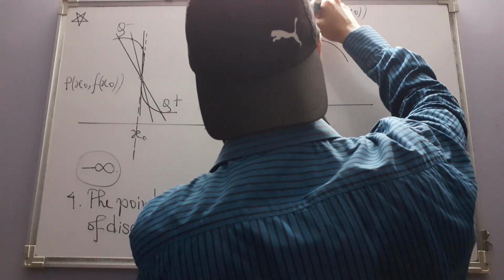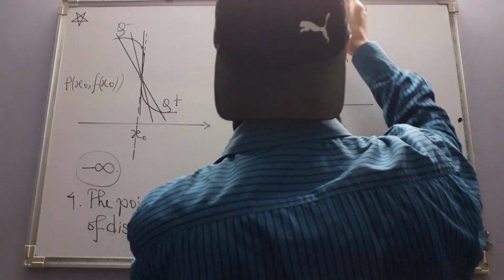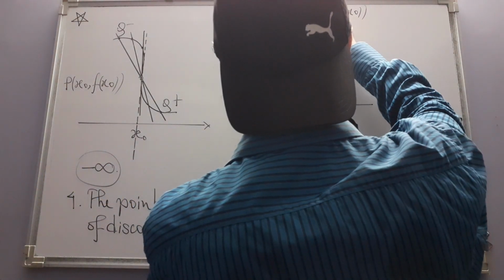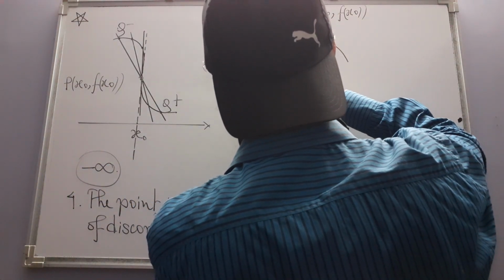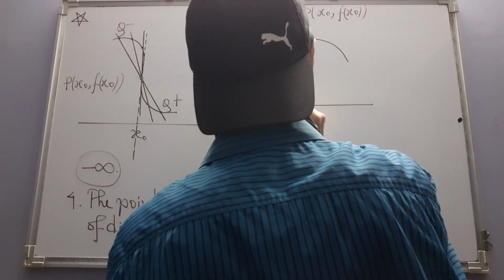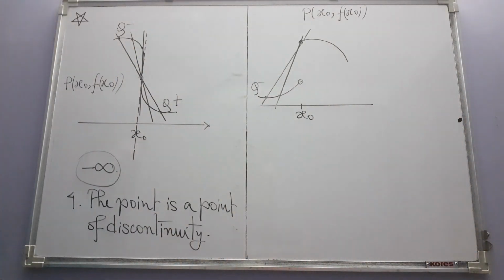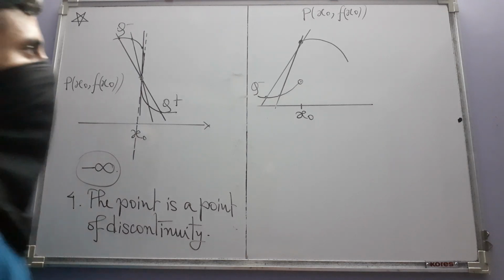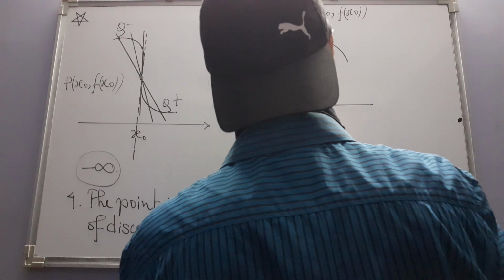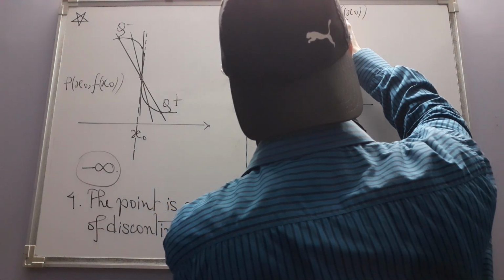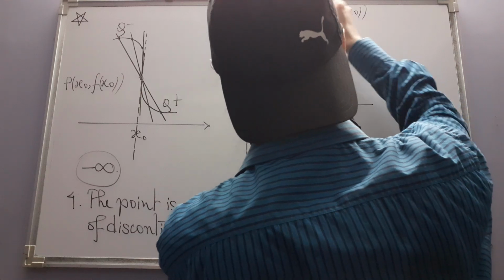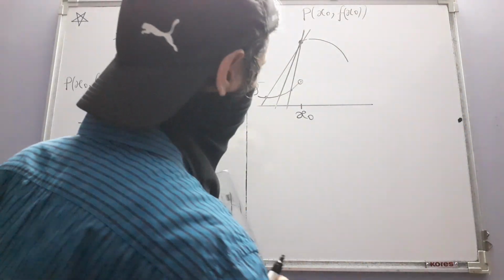The secants, however, would pass through P and Q as usual. So you see a very peculiar thing here. From this side, the secants will approach a line, and what line will that be?